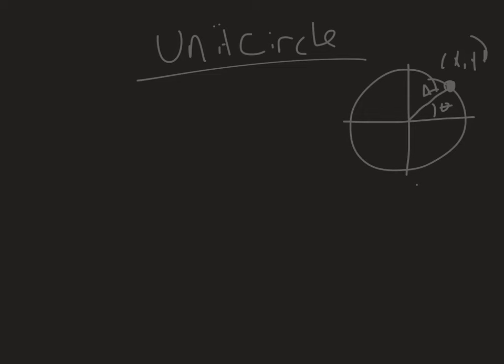Well, quick recap, we have discussed that sine of theta is equal to y, cosine of theta is equal to x. Now that's not so much an identity, those are just facts that we know.